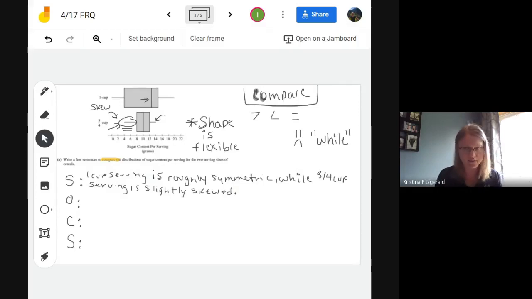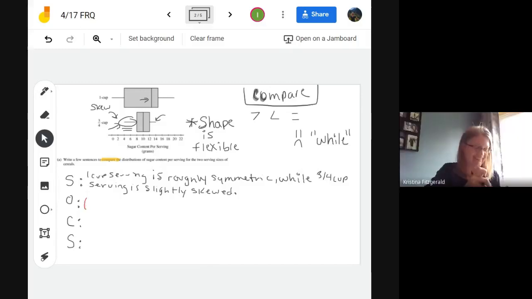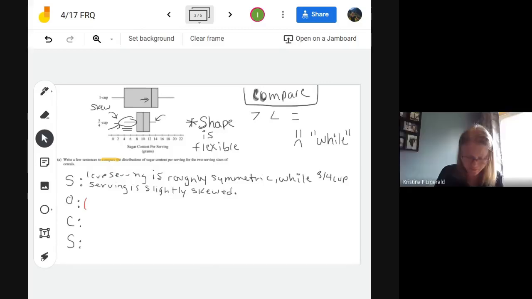Okay, what about outliers? You guys remember how to tell if there's an outlier on a box plot? What was it? It's like a dot that's out from the data. Yeah, there'd be like a little star.